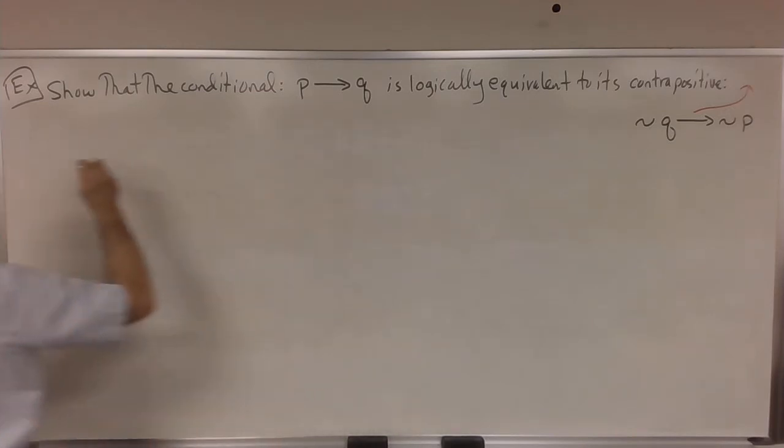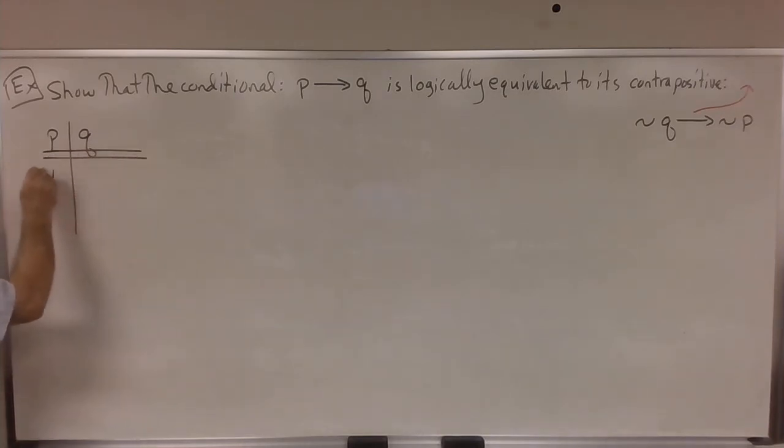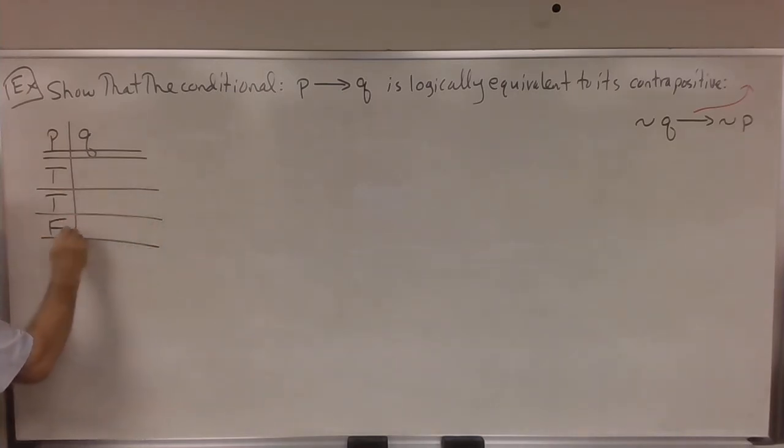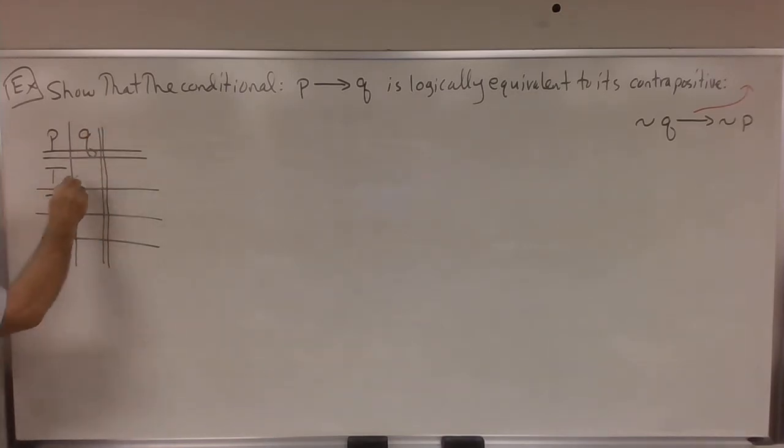P implies Q. We know the truth table for that, don't we? True, true, false, false. True, false, true, false.